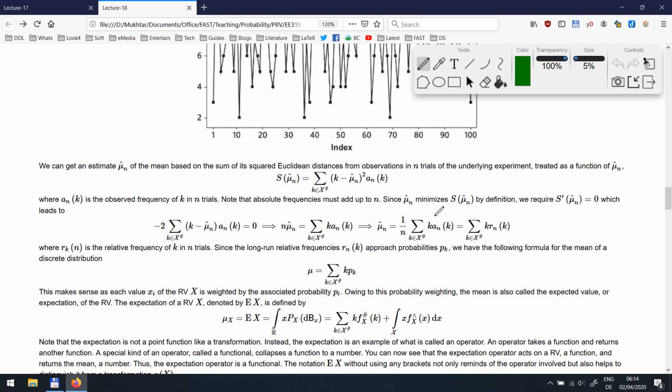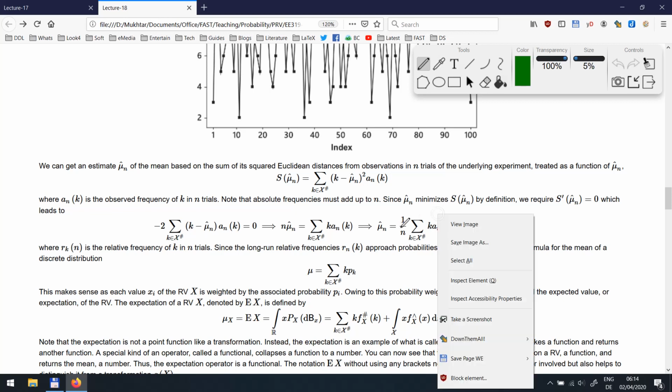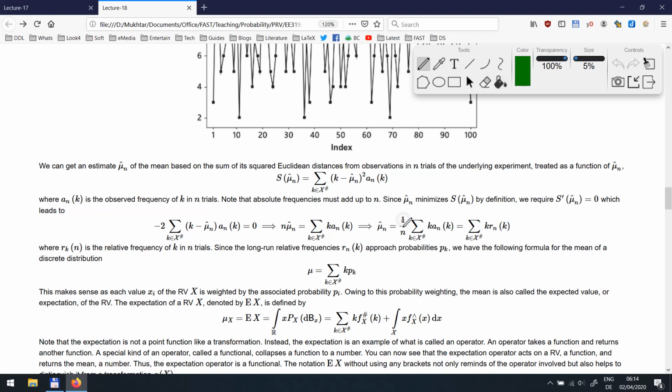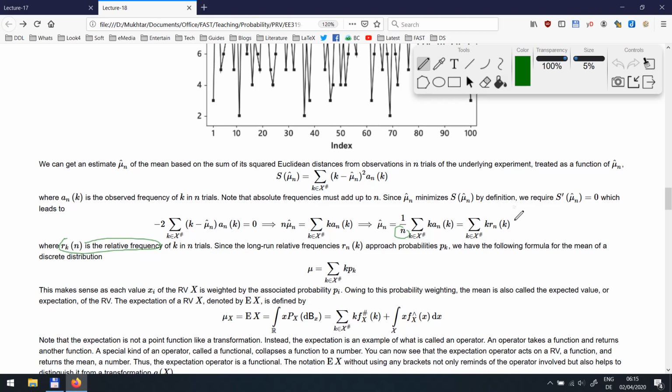And if I recall that the absolute frequency divided by the number of data points gives me the relative frequency, I can also express this estimated mean by a weighted sum of all values, and each value is weighted by the relative frequency.